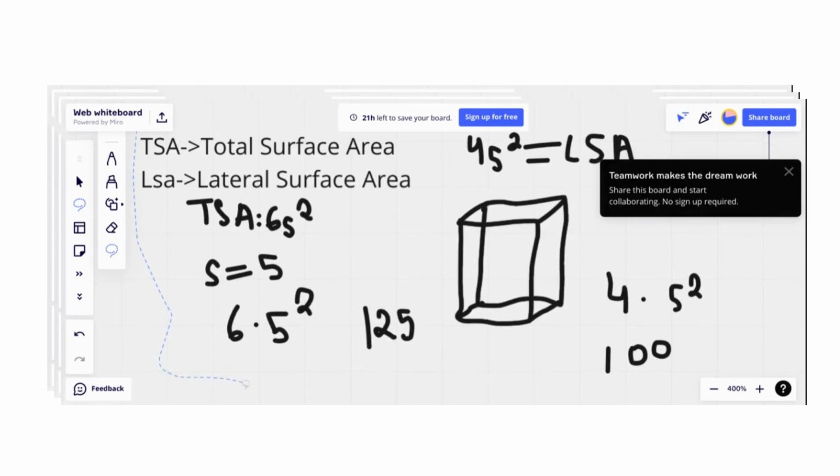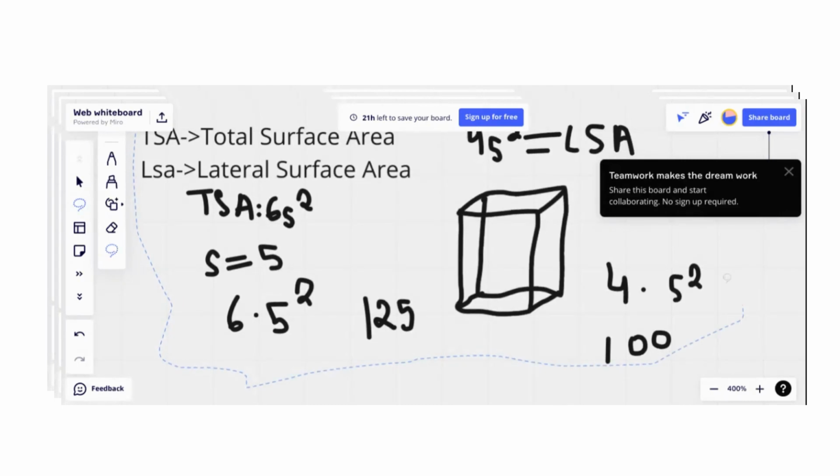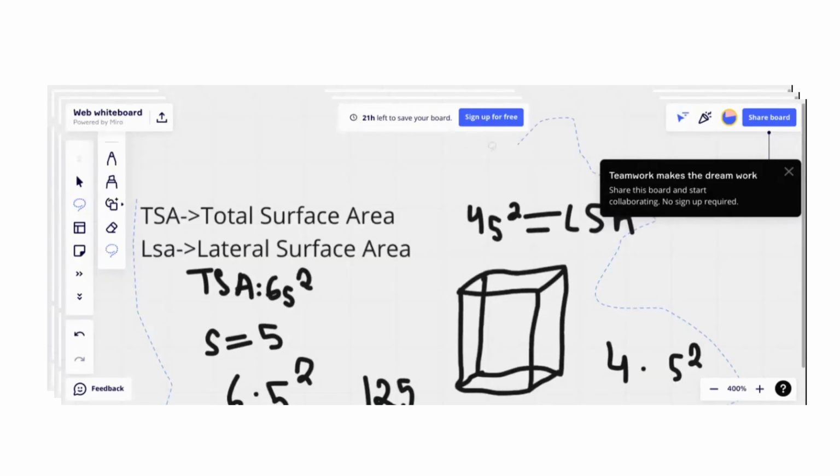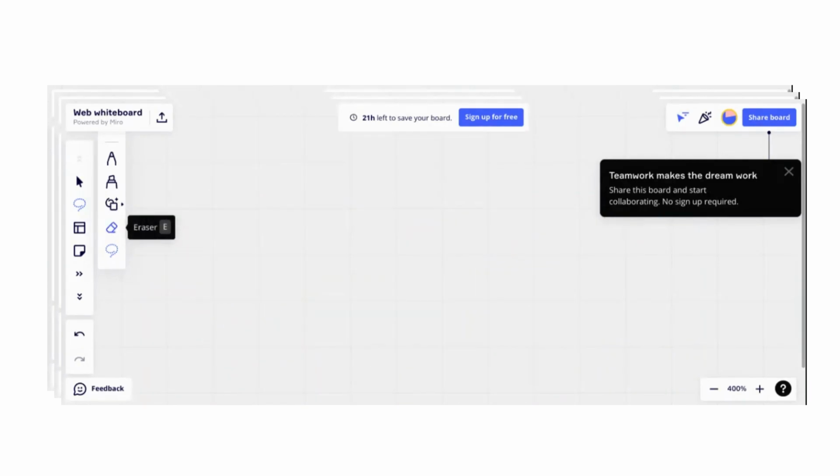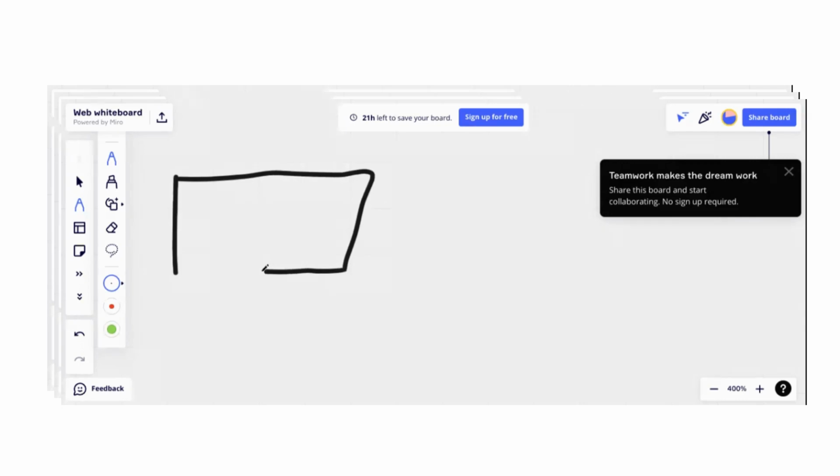Now let's move on to a cuboid. I think you might know about a cuboid. It's basically the same thing as a cube, except they're rectangles, almost, kind of. Let me just draw the shape. So here we have our cuboid.